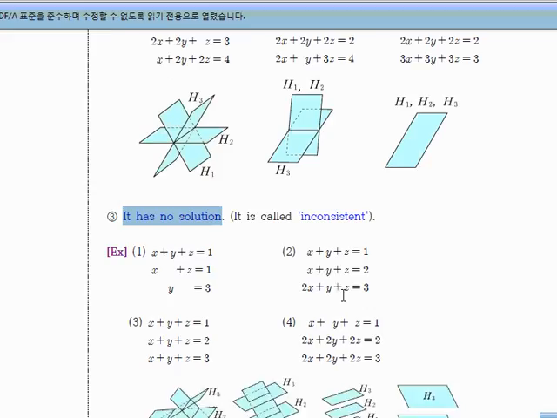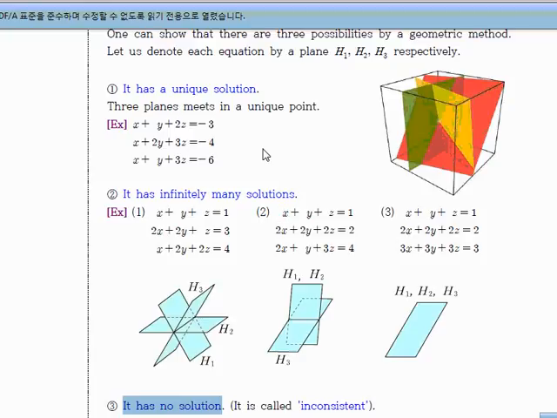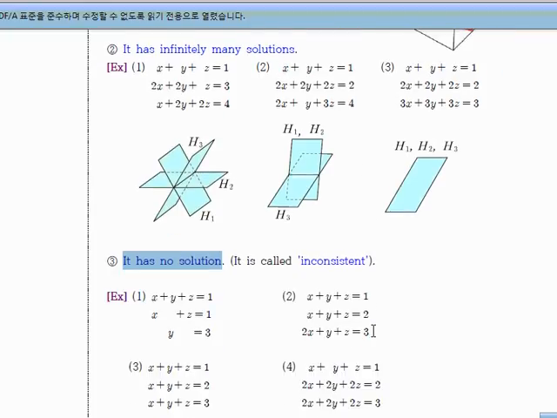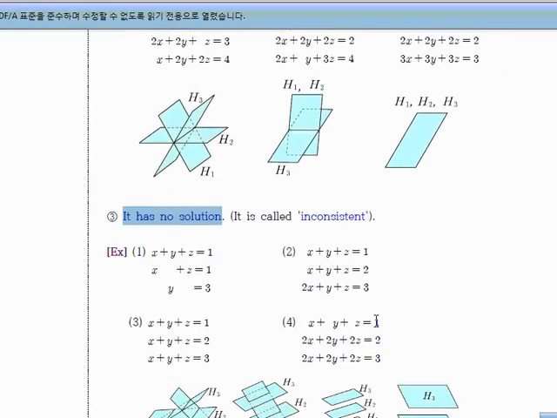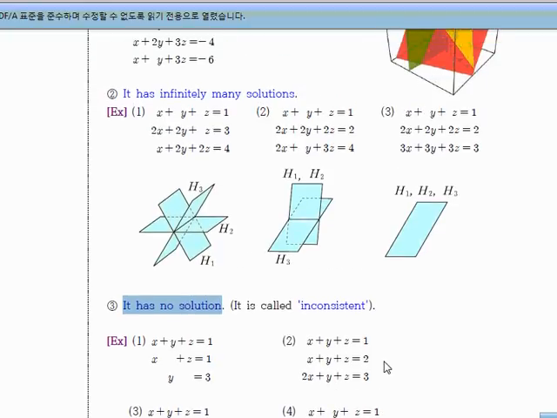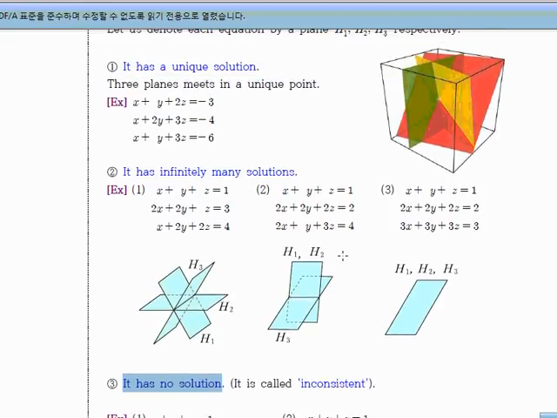But eventually, these 8 cases are all the cases that we can describe as a potential solution set in R3. But we can categorize all those 8 cases into 3 categories.